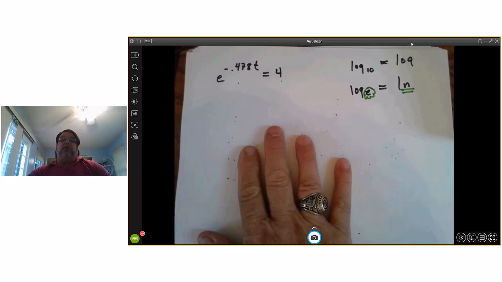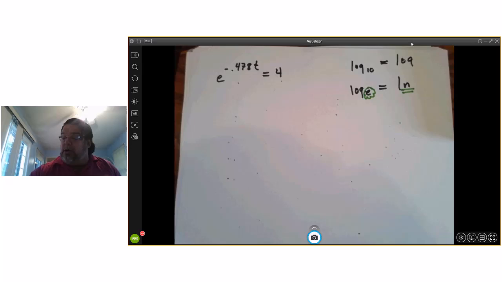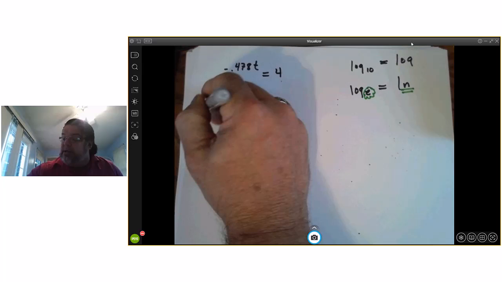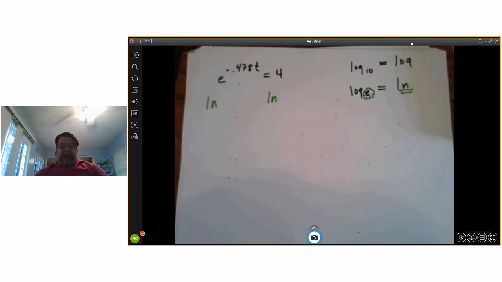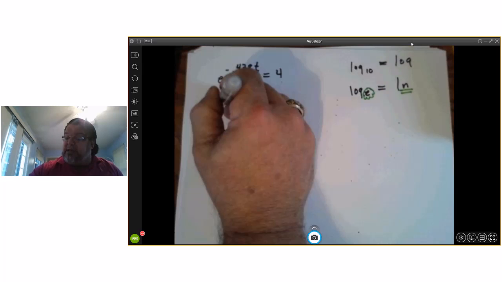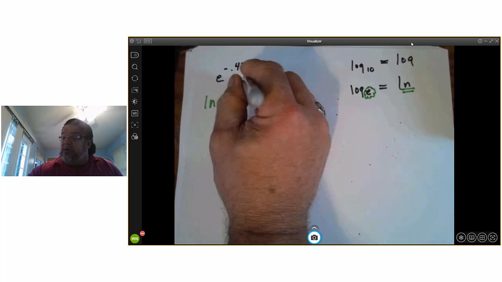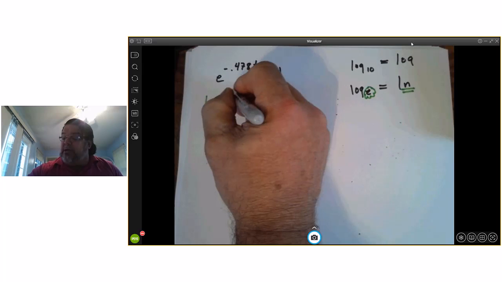The natural log, yes. So I'm going to take the natural log of both sides because I'm dealing with E and it's an equation and I can't do anything else, but I can take the log of both sides. And since I'm dealing with E, I'm going to take the natural log of both sides.